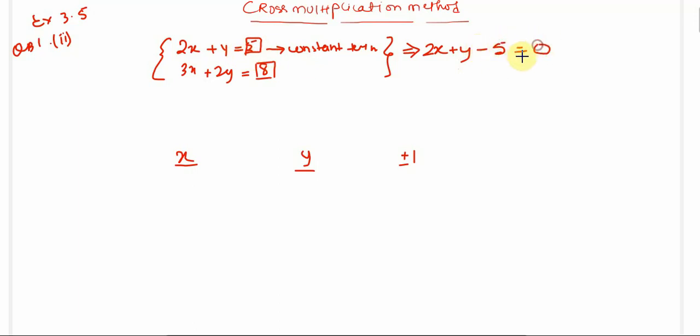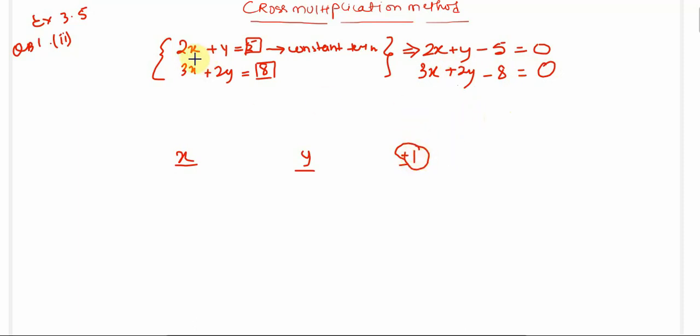Whenever we make such an arrangement, that is, we are keeping all the terms on one side and one side is equal to 0, then we will be using +1. The heading will be +1, not -1. Whenever we keep all the terms on the left hand side and one side as 0, in this type of arrangement we'll be using the heading +1.